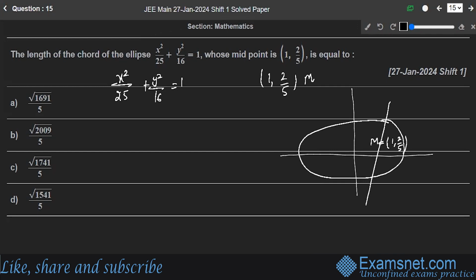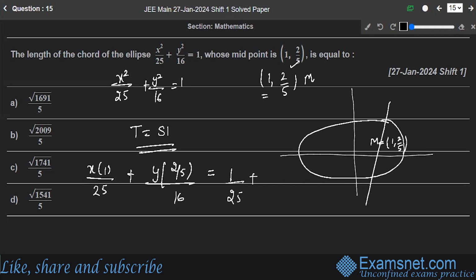Let's say this is the point M. Now, when you are given the midpoint, the equation of the chord is always given by T is equal to S1 formula. Do remember this one. This is very important. So how will T be given now? T is given by x into x1, which is 1 divided by 25, of course, and y into 2 by 5 divided by 16, is equal to S1, which is 1 upon 25 and the square of 2 by 5 divided by 16.